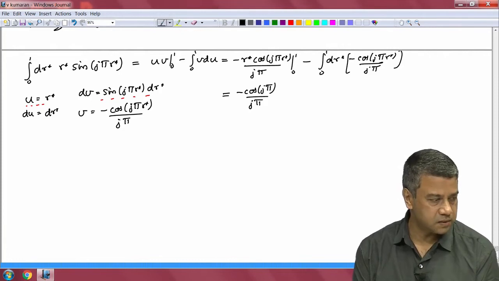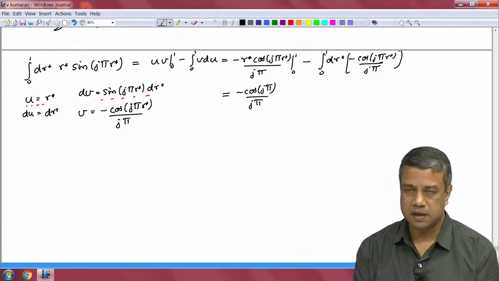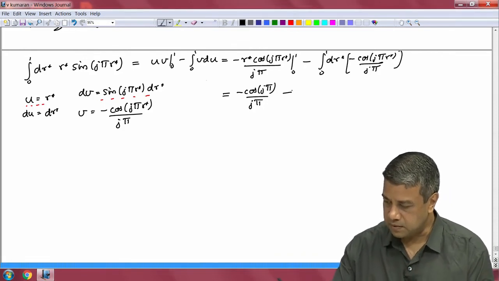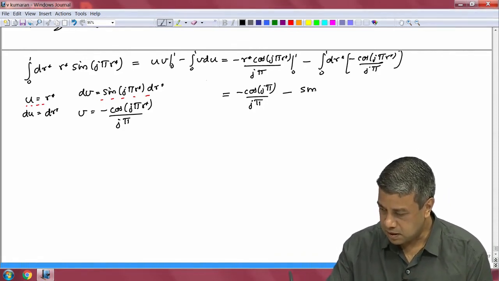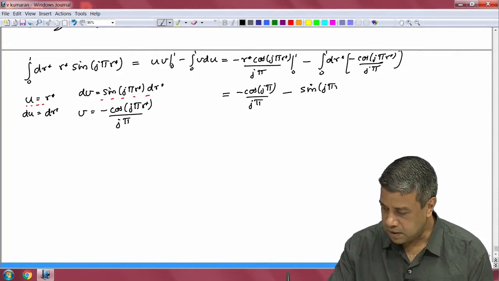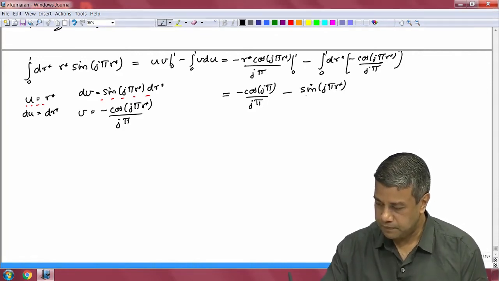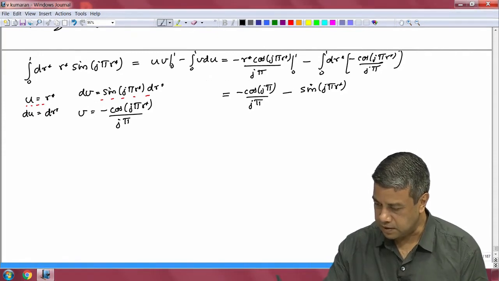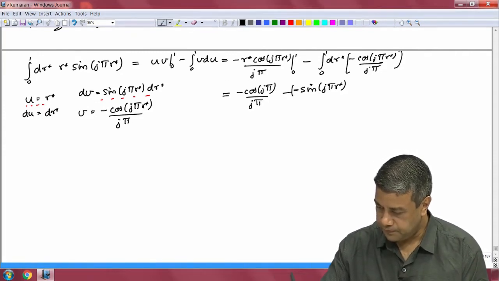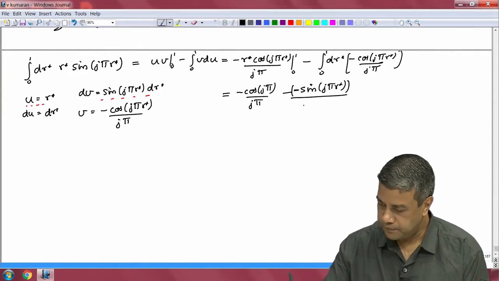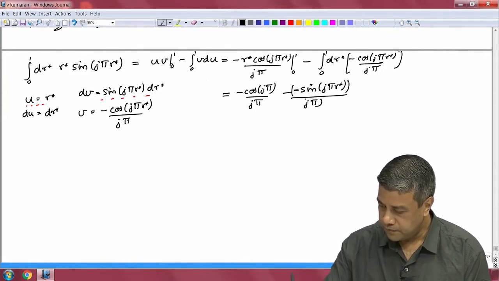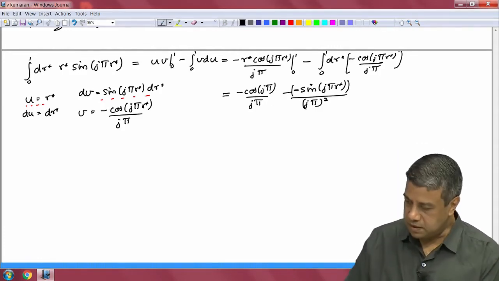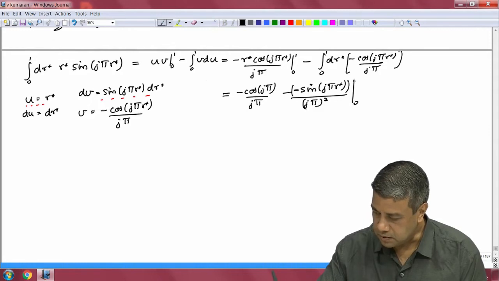And then I have the second term here, which is minus sine of j pi R. There should actually be a positive sign here. The integral of minus cos is minus sine, so there is a positive sign here, and this has to be between 0 and 1.